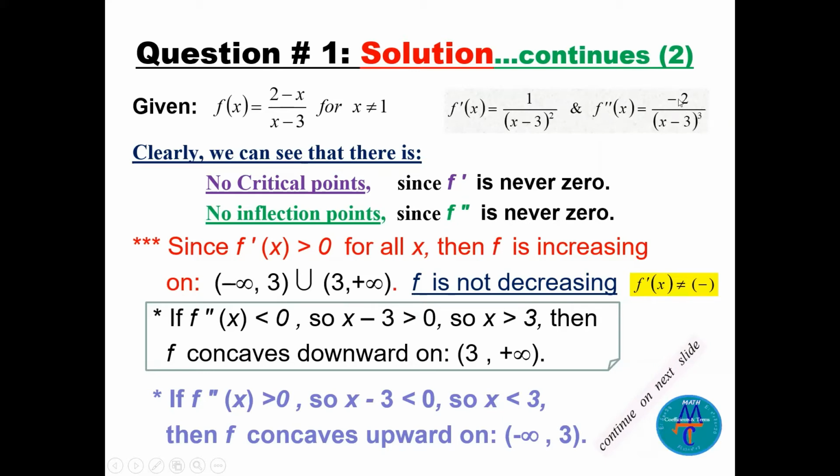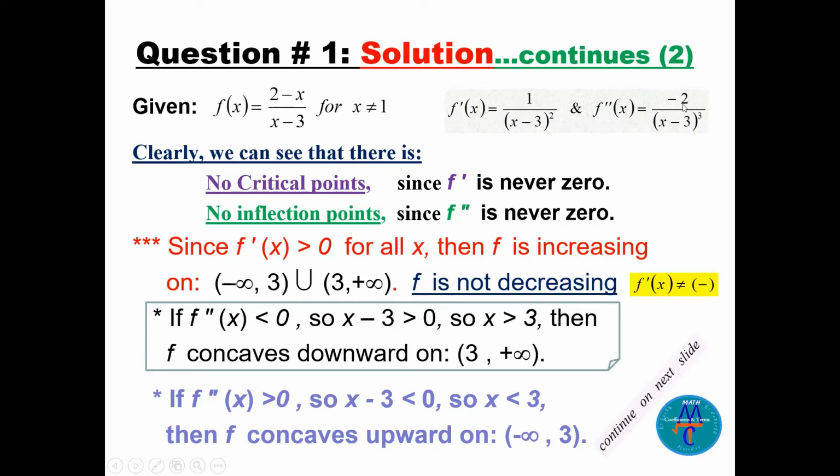If this is a minus, and we need f double prime negative, so we have to take the other factor, x minus 3 power 1, we have to make it positive. You know why we put this one positive. So take 3 to the other side, x will be greater than 3. So f double prime is negative, the function concaves downward, greater than 3, from 3 to infinity. Same thing, f double prime is positive.